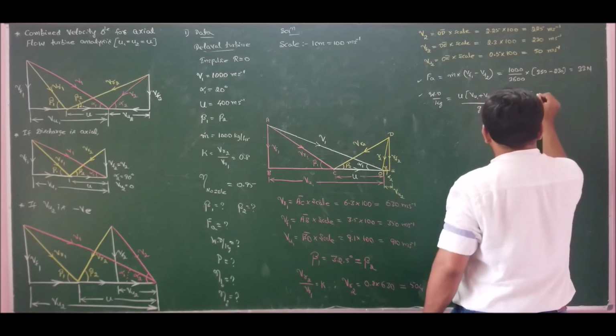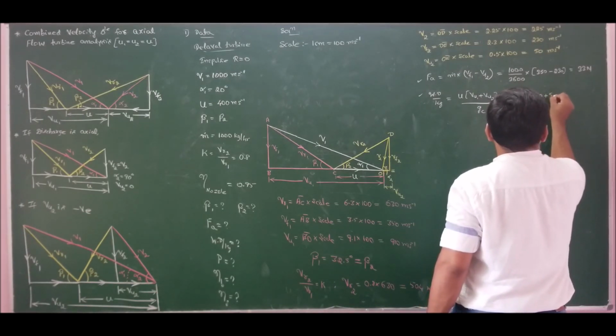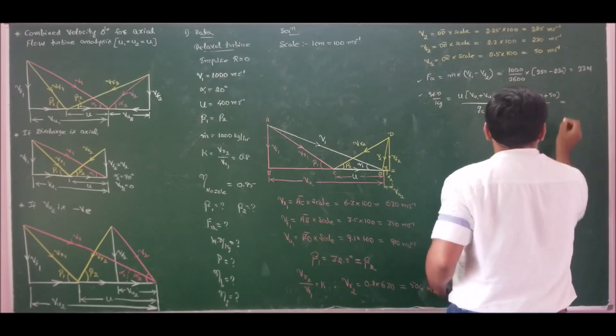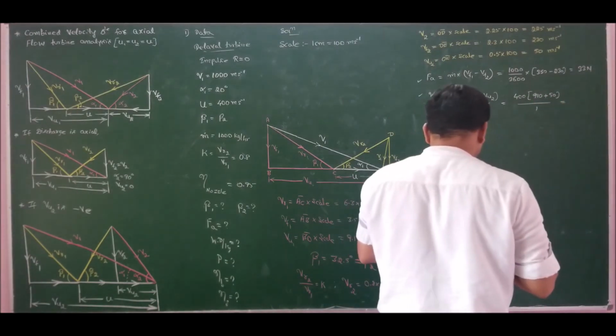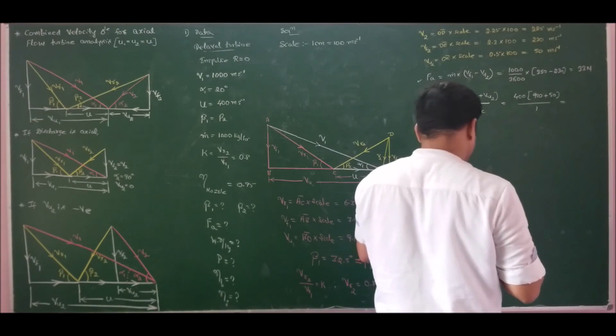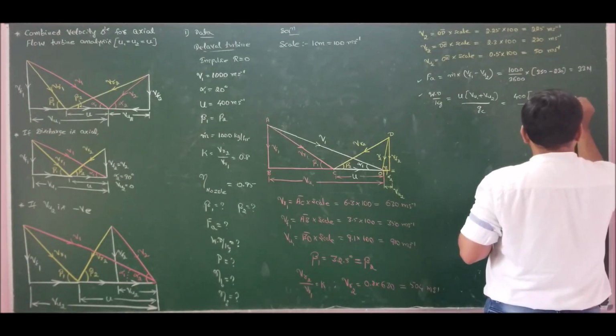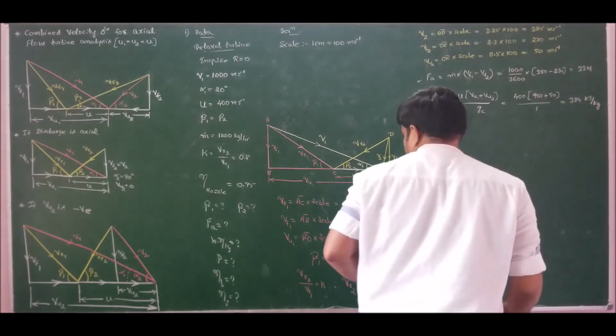Vu1 is calculated as 910 plus Vu2 is 50, divided by 1, which is turning out to be 400 into 960. I'll get that and divide by 1000 to get it in kilojoules per kg. We get it as 384 kilojoules per kg.